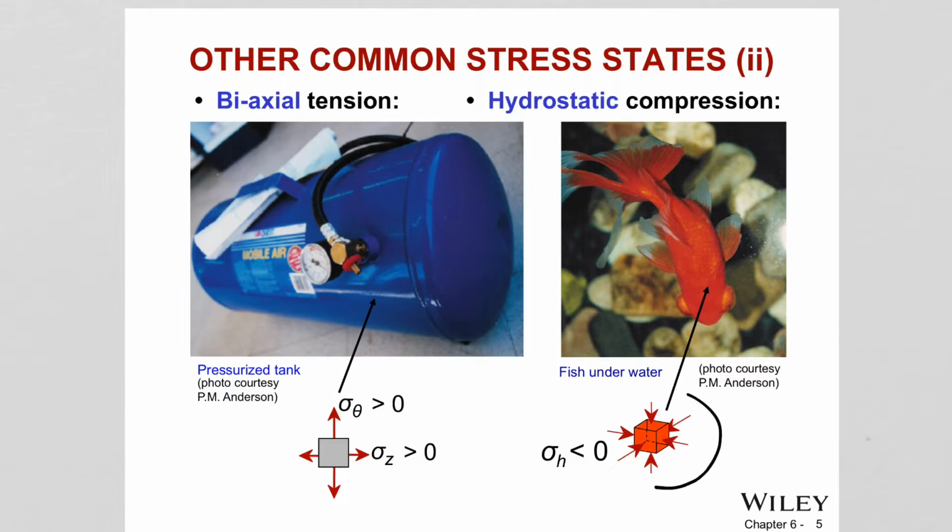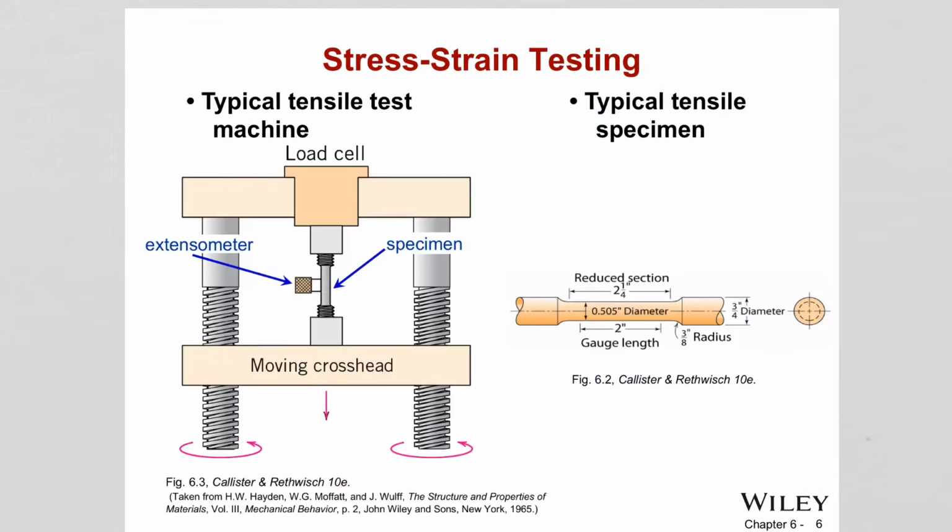In 3D, in all directions, there are stresses. So those were examples of different types of stresses the materials are exposed to. And the most important one is the tension.